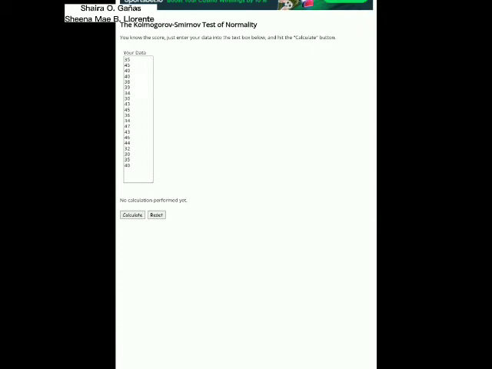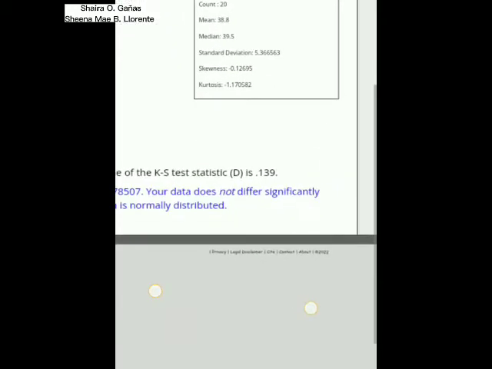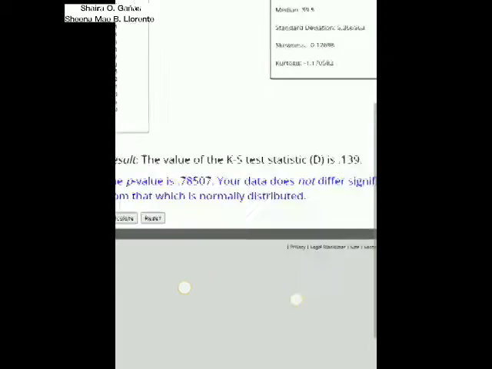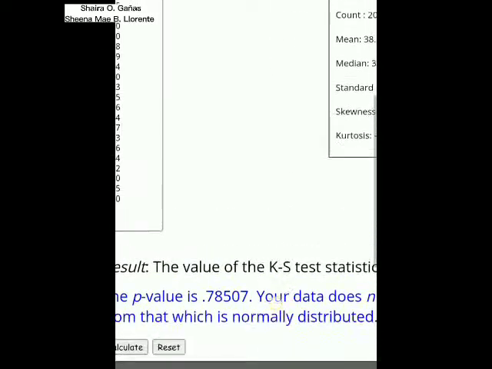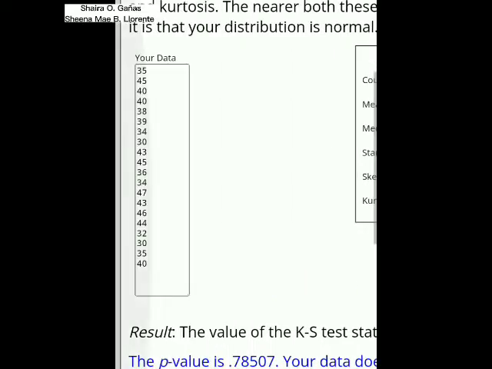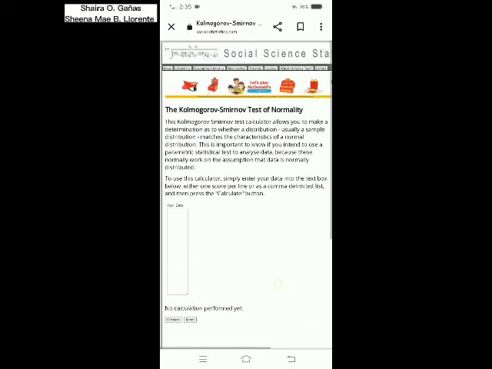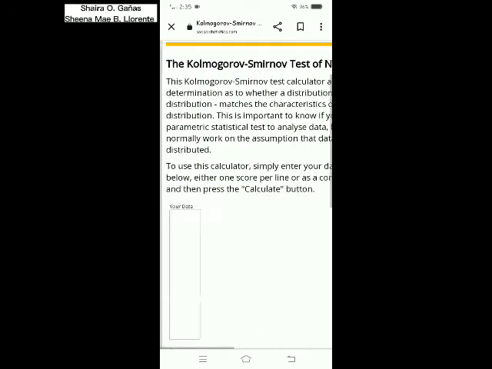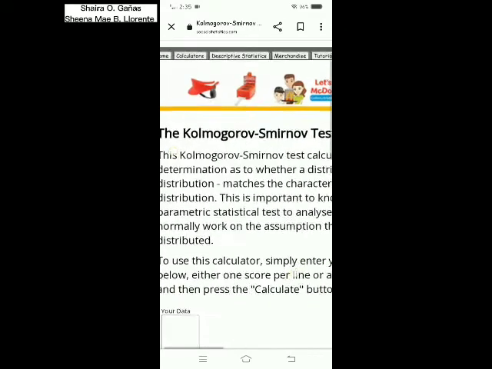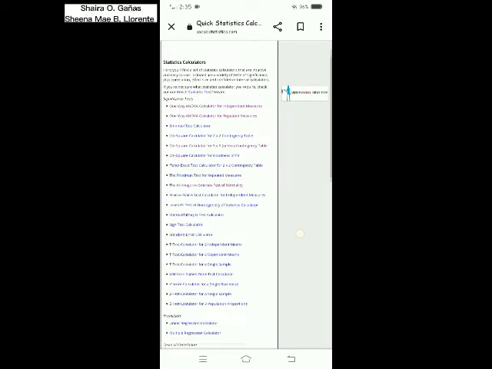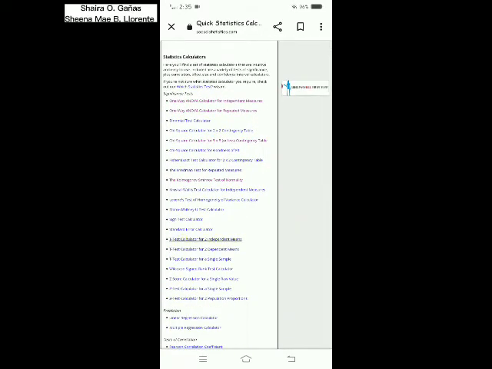The result is also not differ significantly, which is also normally distributed. So next, go to the calculators and choose the t-test for two independent means to test the data samples that we create.